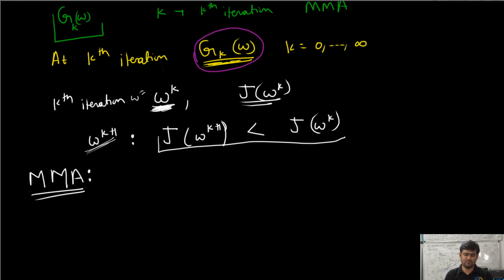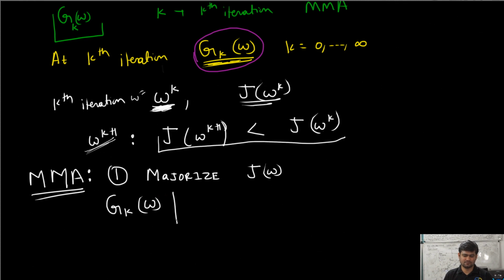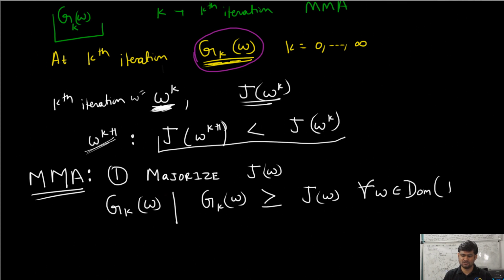So the first step of the majorization minimization algorithm is to majorize j of w. That is, select a function gk of w such that gk of w is greater than or equal to j of w for all w belonging to the domain of function j.